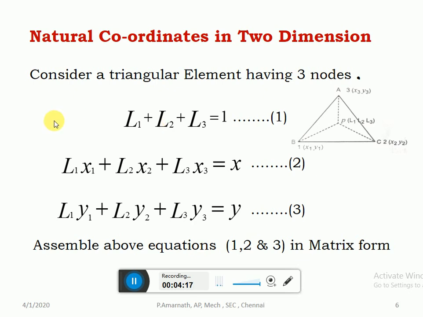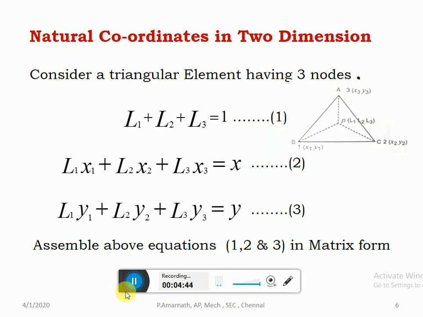Similarly, same as the 1 dimensional element, L1 x1 plus L2 x2 plus L3 x3 equals x. In addition to this we have the y-axis: L1 y1 plus L2 y2 plus L3 y3 equals y. So we get 3 equations.